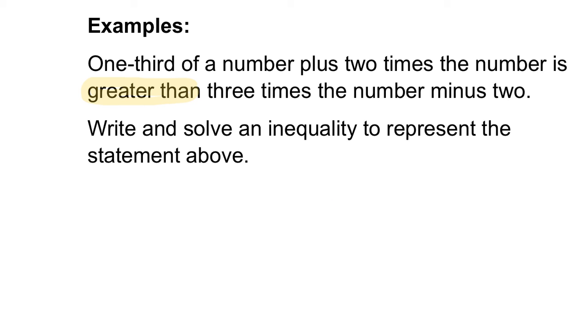So start with that. Now, the stuff that comes before greater than is going to have to go on the left side, and the stuff that comes after greater than is going to have to go on the right side. So I'm going to start with this part, figure out what it's going to say mathematically, and then I'll use this part for the other side. So 1/3 of a number plus 2 times the number.